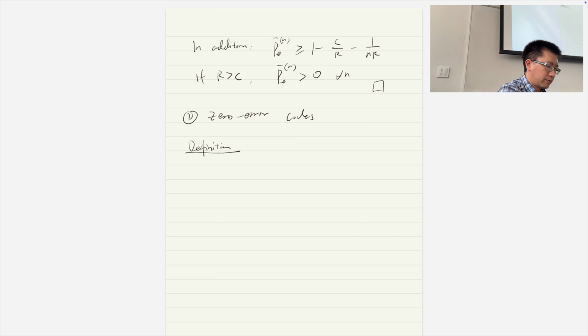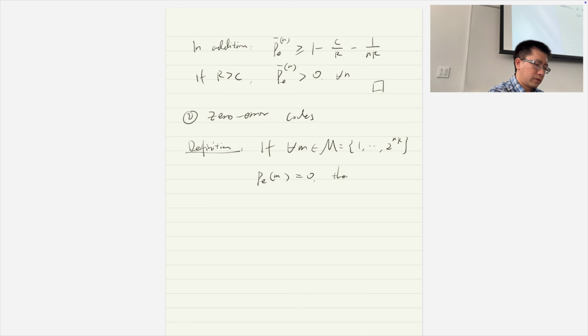So the definition of zero error codes is that for all m in our message set, our error probability for any message is 0.